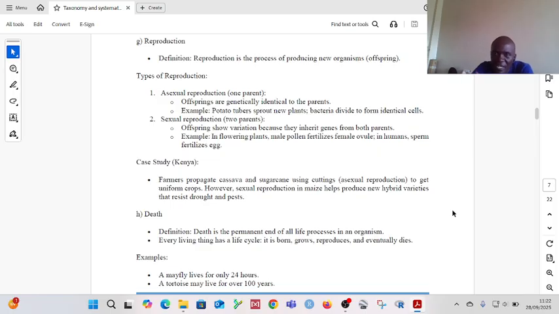Wale watu wanapanda viazi, unaenda unachukua the potato cuttings, unaenda unaweka chini. The same thing to sugarcane, same thing to napier grass. Okay? So in that case, you are just taking one parent na unakata, unaenda unapanda chini. Okay? The other type of reproduction is sexual reproduction.